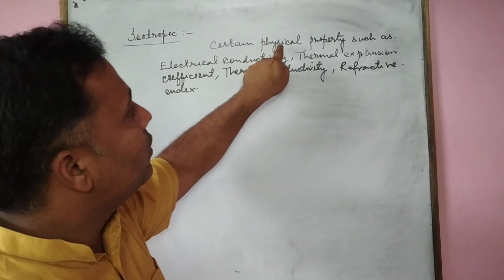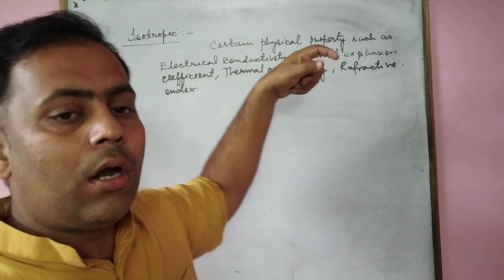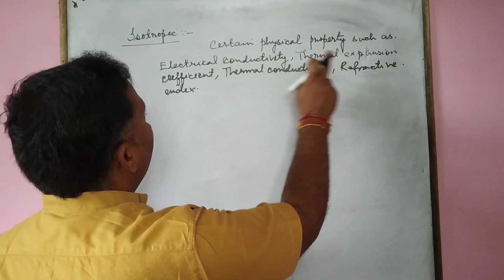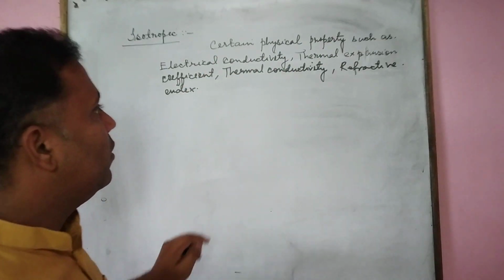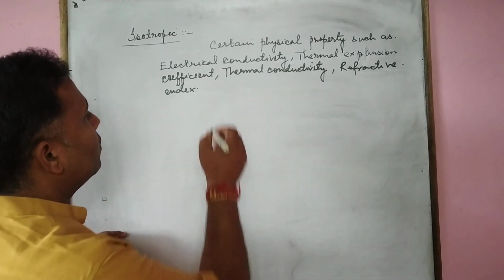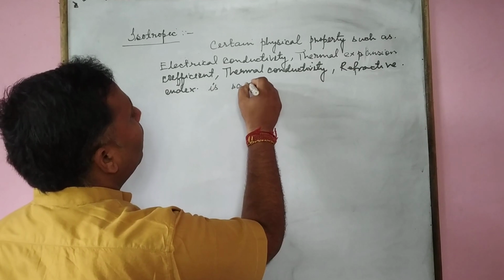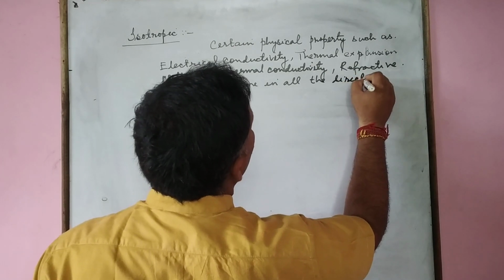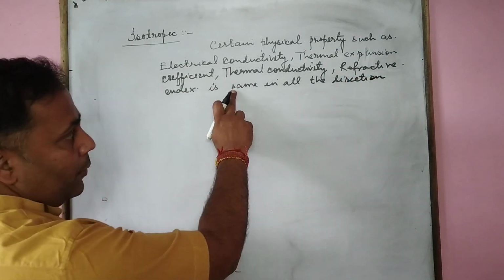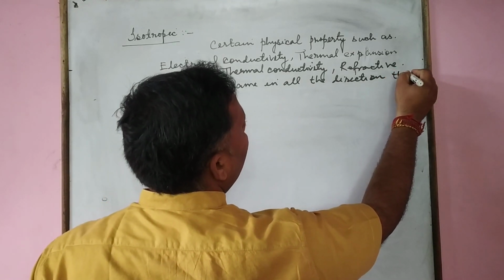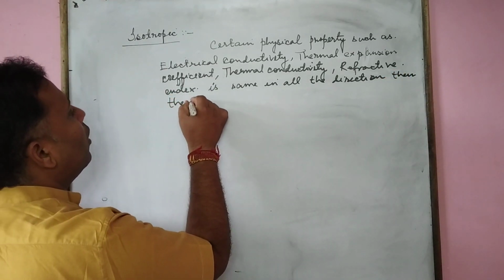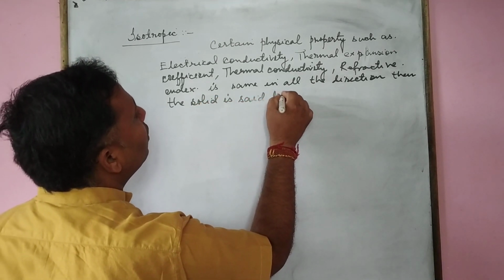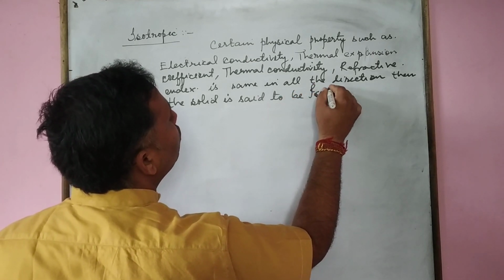If these physical properties are seen in all directions, then it is termed as isotropic. Certain physical properties such as electrical conductivity, thermal expansion, thermal conductivity, refractive index is same in all the directions, then the solid is said to be isotropic.